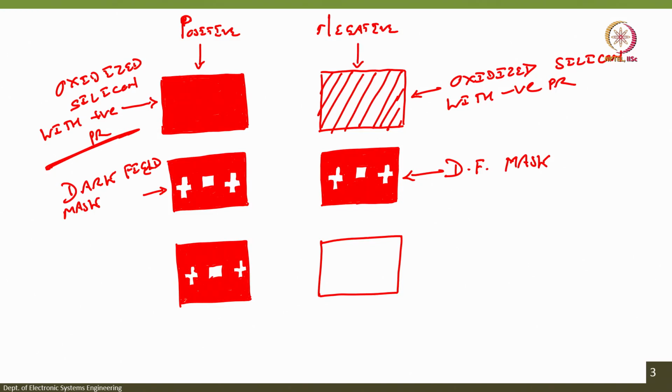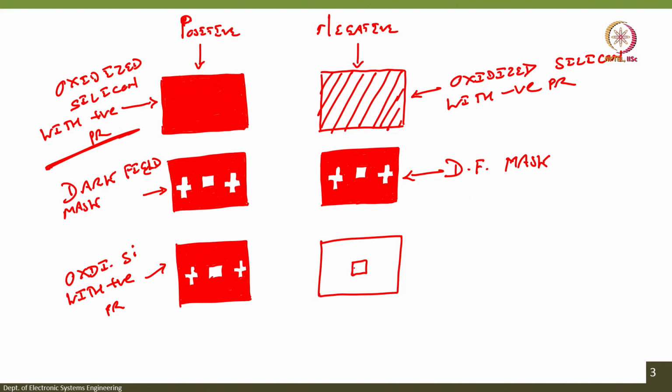Okay. So, this is your final oxidized silicon with positive photoresist. Here what will happen? The area which gets exposed will be stronger.